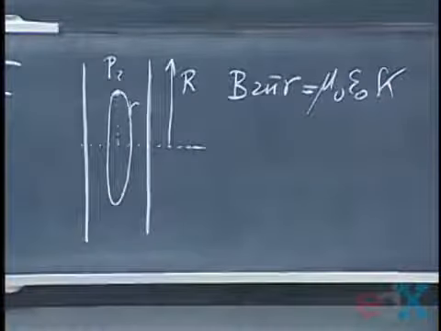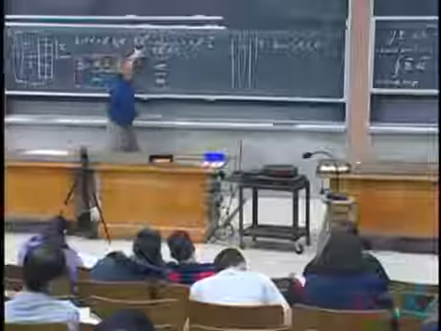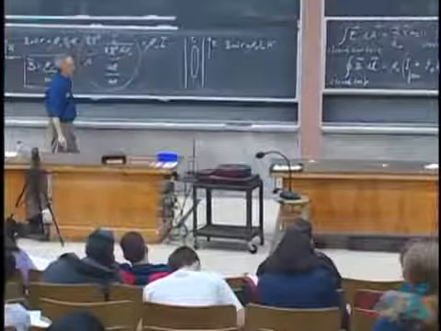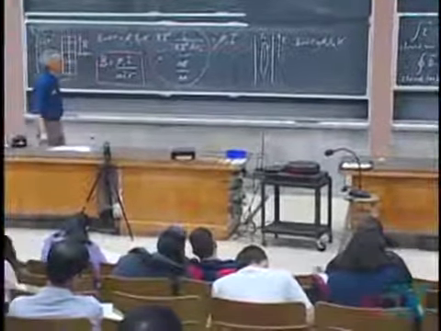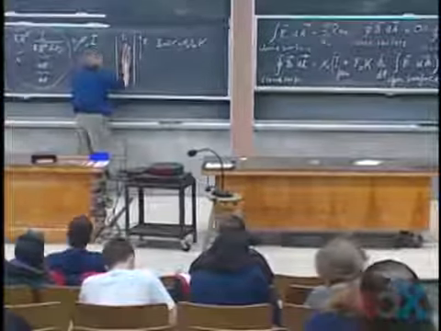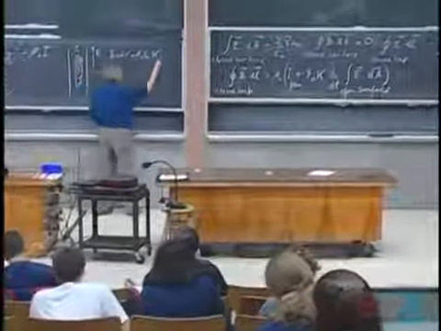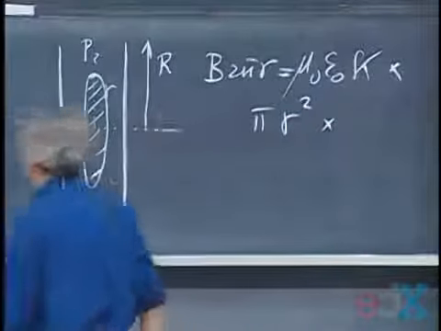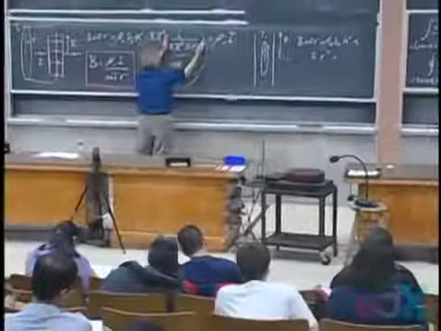But now the surface area right here is not pi capital R squared, where there is a changing electric field, but it is only pi little r squared. I take a flat surface now. And so now we multiply this by pi little r squared, and then of course dE/dt is the same.